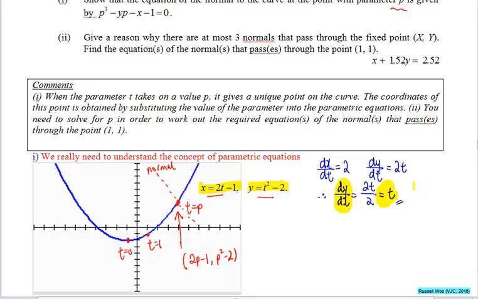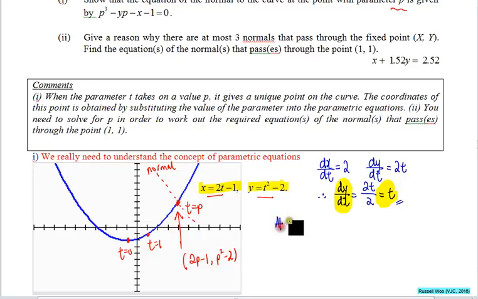That means when t equals 0 here, I substitute 0, my dy/dx is 0, just nice, gradient 0. When t equals 1 at this point, the gradient is 1. When t equals p, the gradient is p, the gradient of the tangent is p, the gradient of the normal is something else.